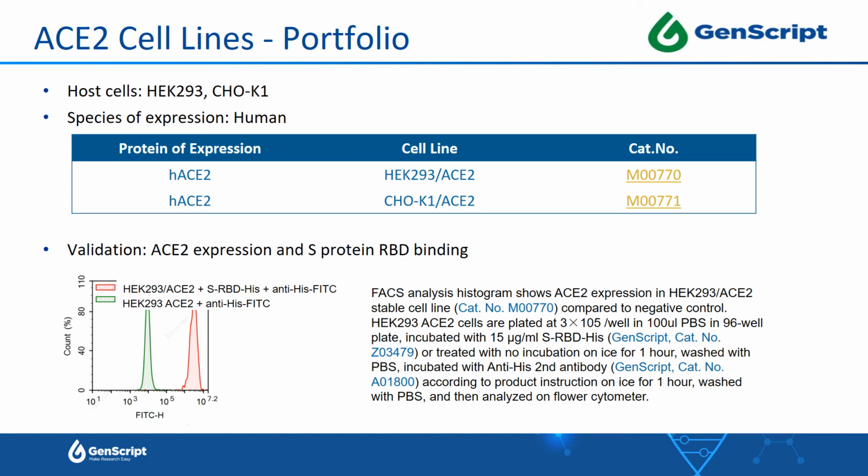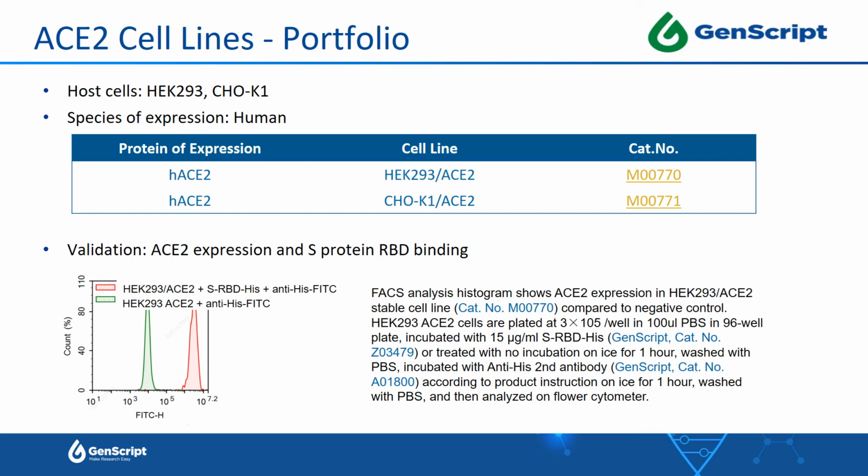As you can see in the FACS assay here, the HEK293 ACE2 cell line was split into 2 groups. One group was stained with the SRBD protein with a His tag and then followed by the anti-His fixie. Another group was not stained by the SRBD His and only stained by the anti-His fixie.